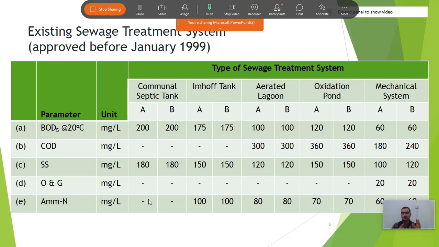So for each unit, the regulation puts the standard of BOD, COD, suspended solids, etc. Like for the communal or septic tank, this comes in the beginning, and the Imhoff tank also comes after that. The aerated lagoon comes in the secondary stage.